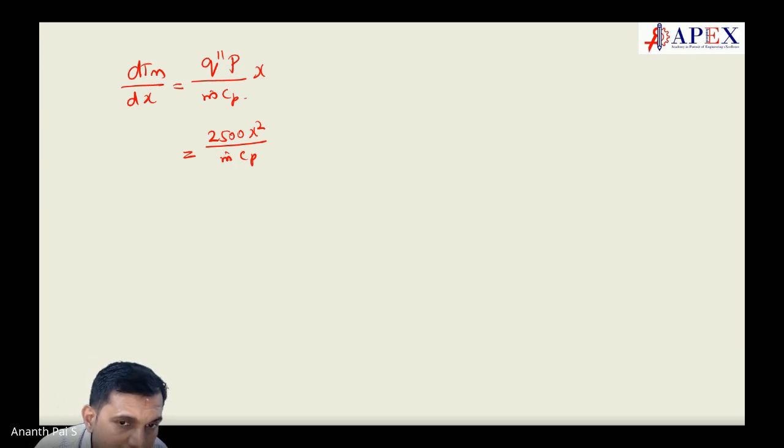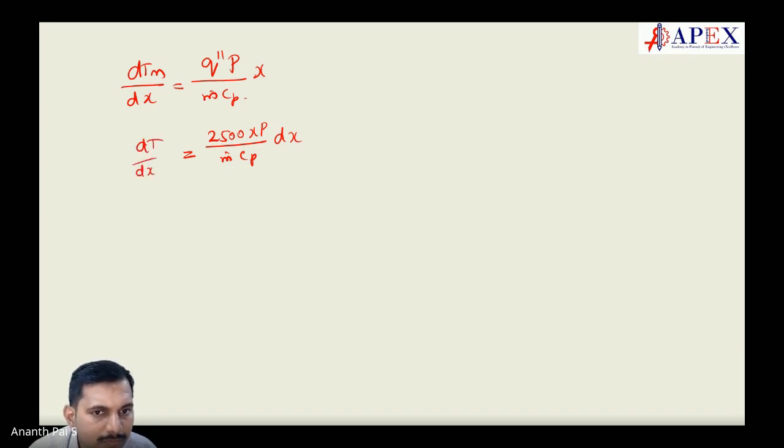So you get dT by dx as p into x dx. Fine, you will not get exactly 62, you get 62.27.